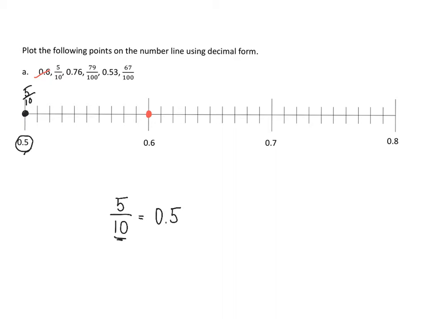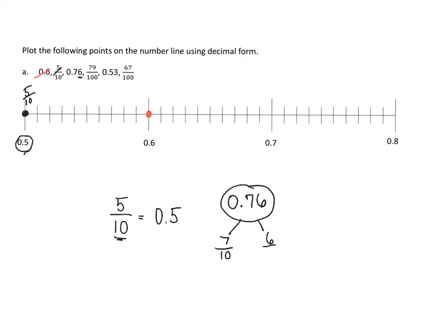And then we're going to look at 0.76. So that's 76 hundredths, because the 6 is in the hundredths place. So let's do a number bond for 76 hundredths. Let's break this up. How many tenths do we have? Well, we have 7 tenths. How many hundredths?